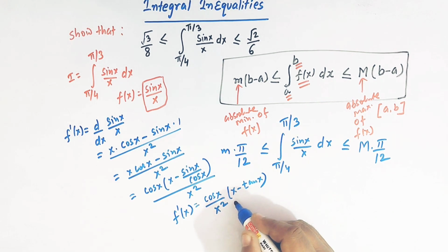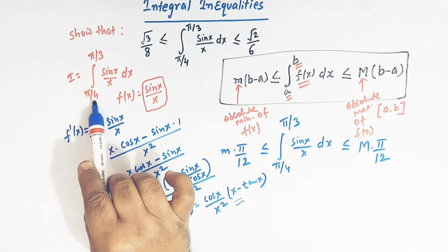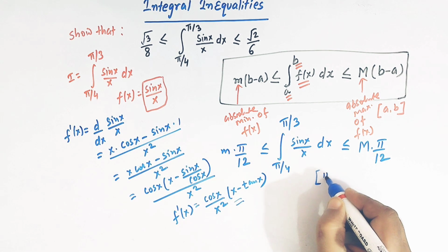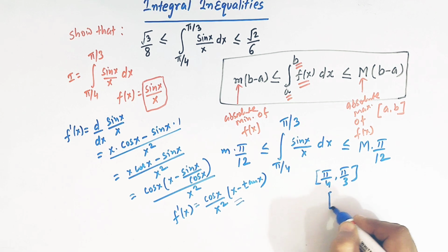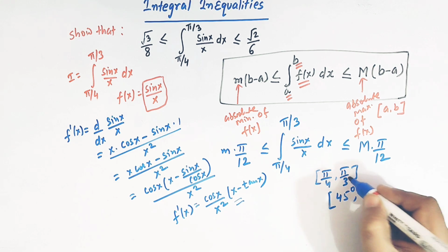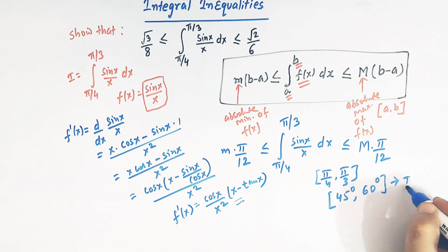So now from this expression, we can easily see that in the interval from pi by 4 to pi by 3, right? Actually, pi by 4 is 45 degrees and pi by 3 is 60 degrees, right? And we are in the first quadrant, right?